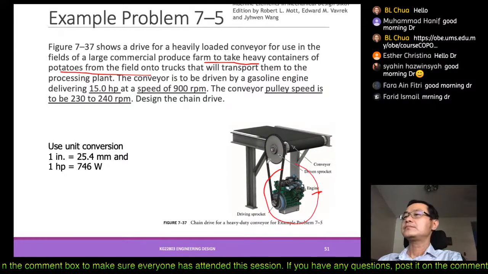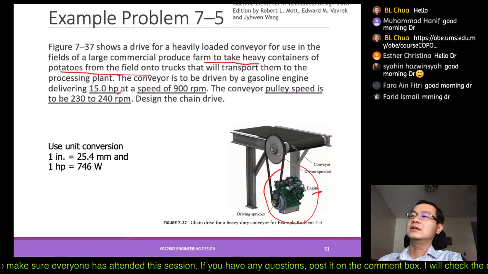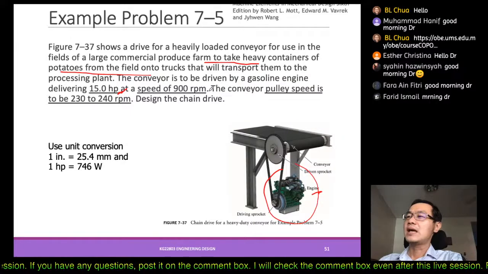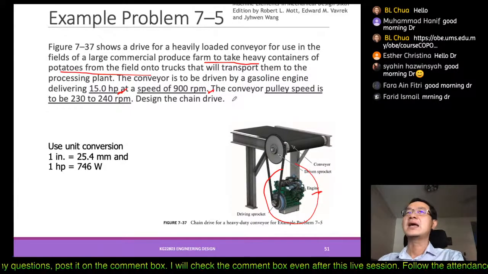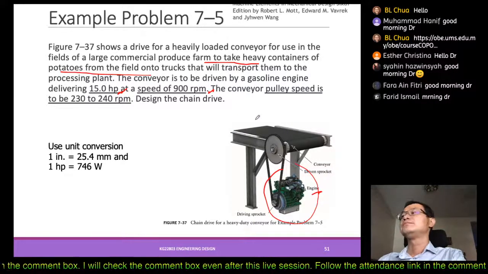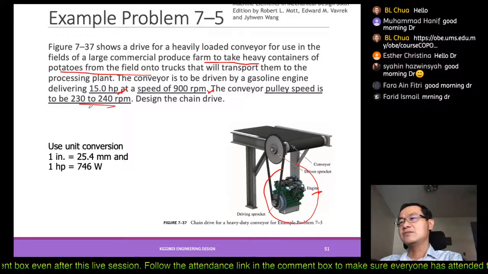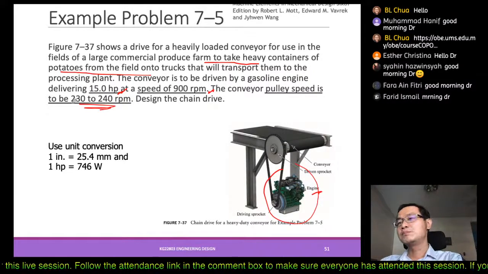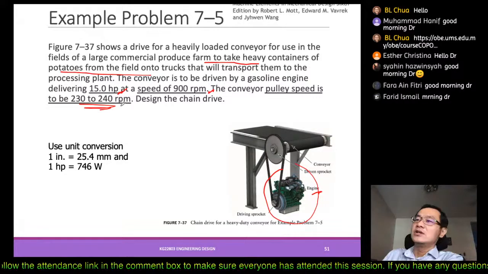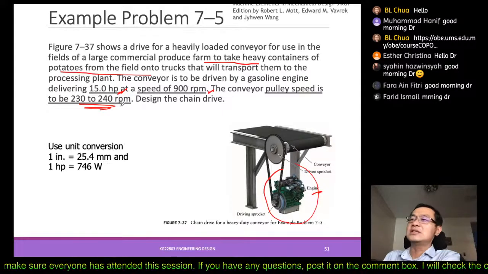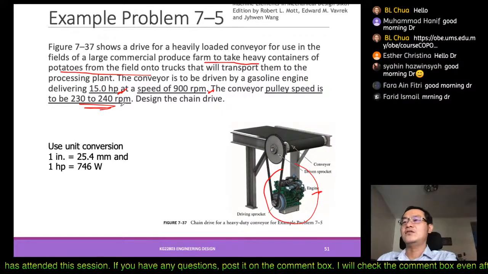engine here has a rated power of 15 horsepower at the speed of 900 rpm. Therefore the pulley speed, we intend to be in this range, so that the potatoes will not move too fast and fall off and so on. So design a chain drive for this.